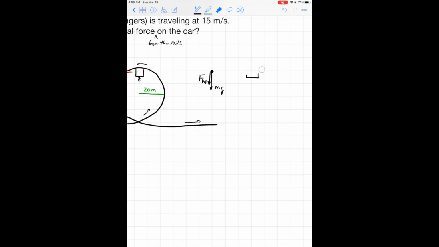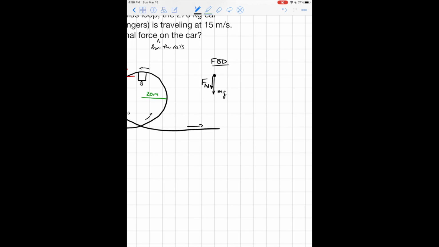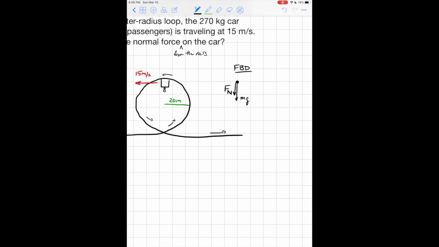We aren't given too many details here, but I think this is a good assumption to make for our free body diagram. And if we're wrong, well, guess what? We'll get a negative normal force, and that negative normal force is going to tell us, boom, it's in the opposite direction.